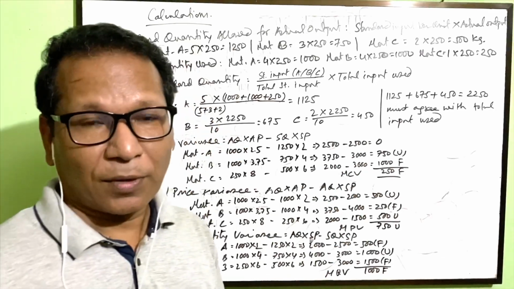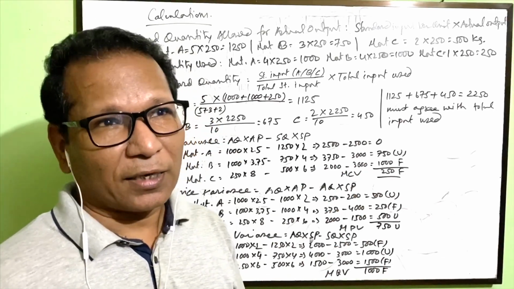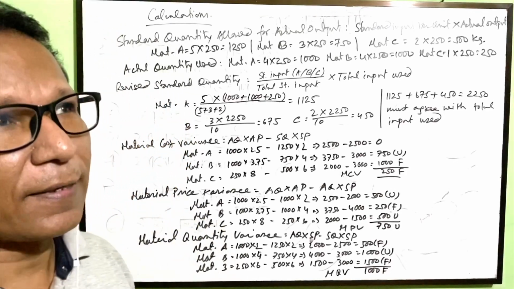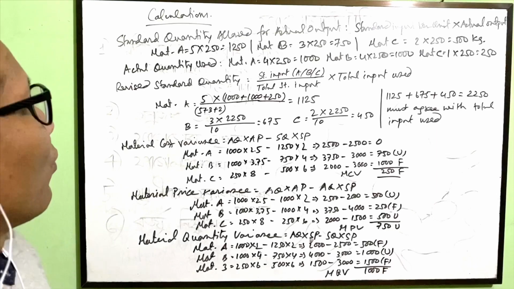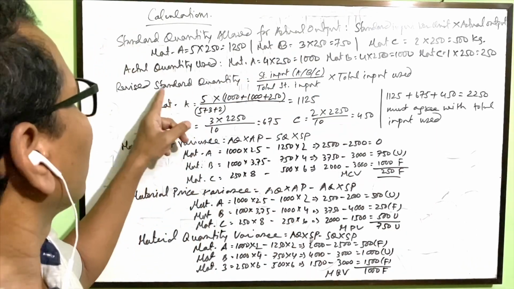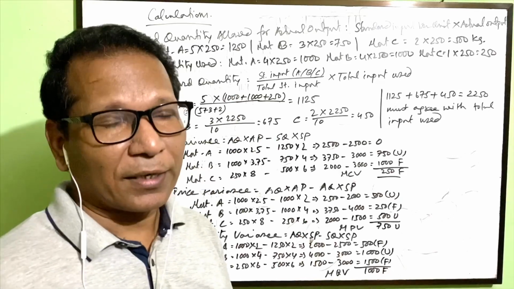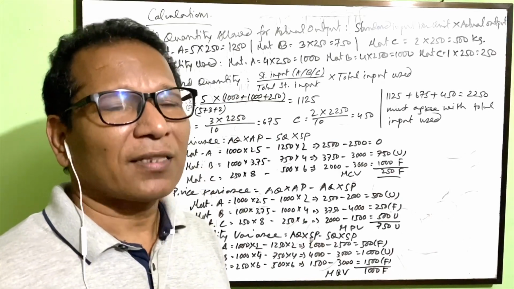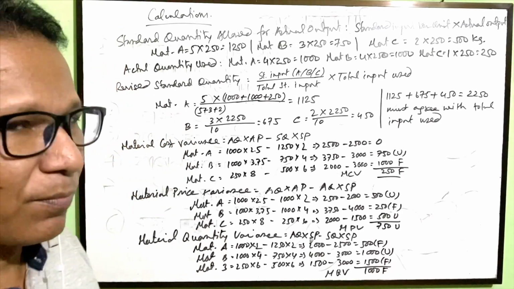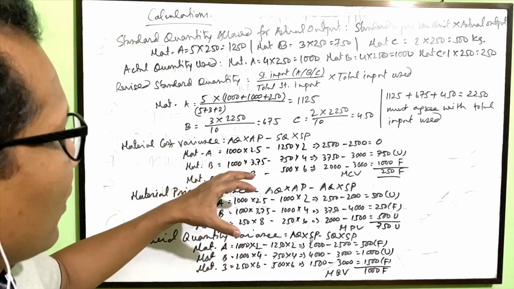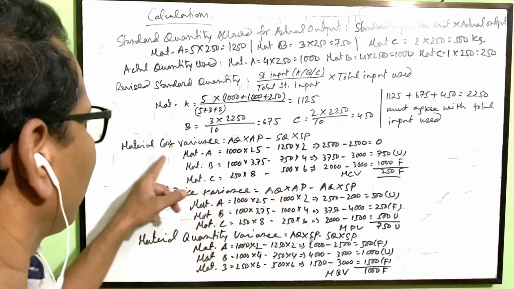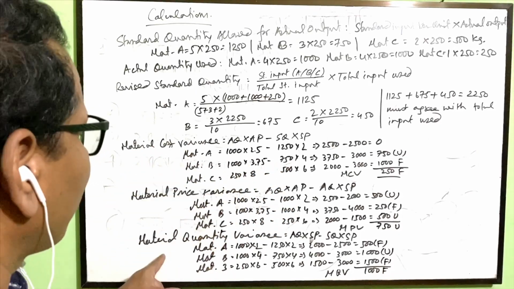Standard price, standard rate and standard quantity were given, the standard quantity for actual output was calculated, and the revised standard quantity was calculated. So this is very simple. Just write down the figures to calculate material cost variance, material price variance and material quantity variance.